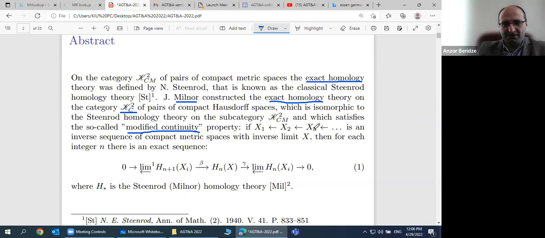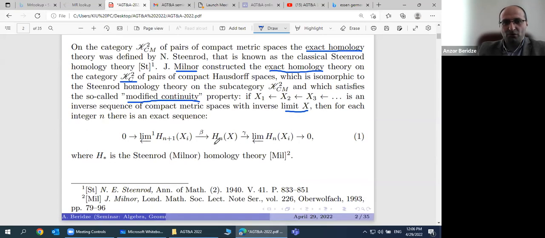It means that if we have an inverse sequence of compact metric topological spaces, and we consider the inverse limit of this sequence, then the homology of the limit space is connected to the inverse limit of the homology theory of the given topological spaces, and this is not an isomorphism. If it is an isomorphism, then we say that this homology is continuous, but here it is not, and somehow we can control this homomorphism using the first derivative functor of the inverse limit.